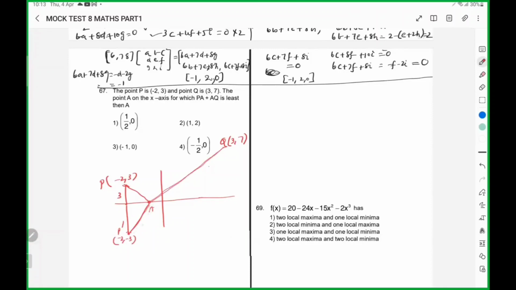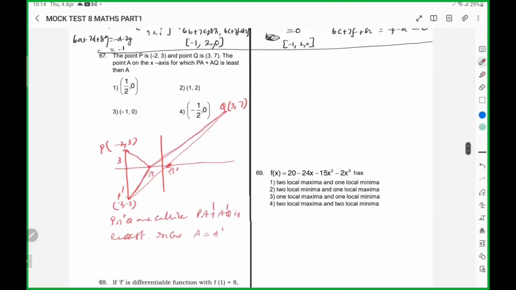In case A happens to be such that P dash, A, Q are collinear, then PA plus AQ will be least. That means in case A is A dash, the mentioned distance will be least.